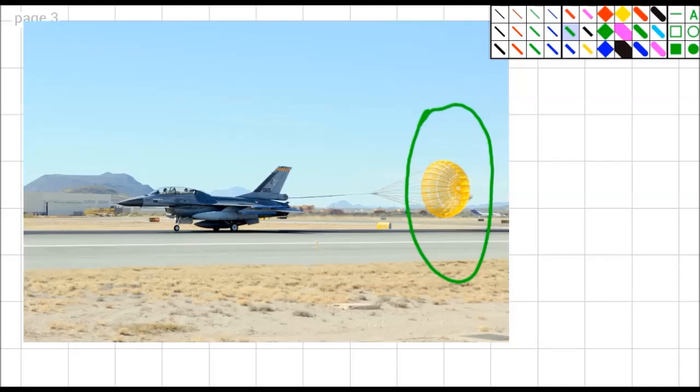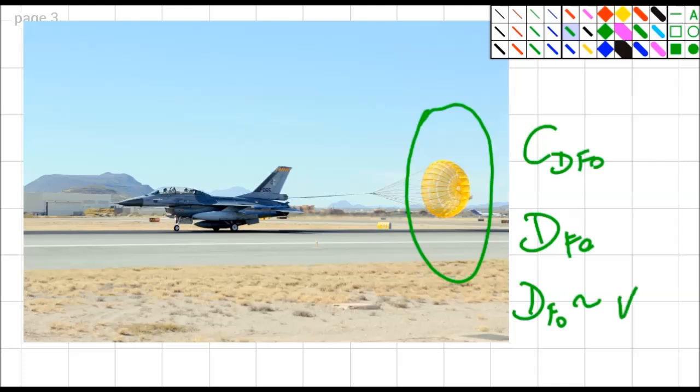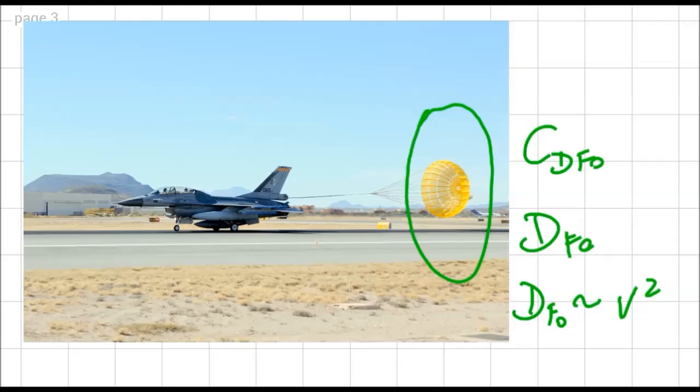So actually we want to have a high C_D form. We want to have a high form drag in order to reduce the speed. The big disadvantage here is that the form drag is proportional to the power of 2 of the speed. So once the aircraft actually slows down, the effectiveness of the drag chute reduces dramatically by the power of 2.